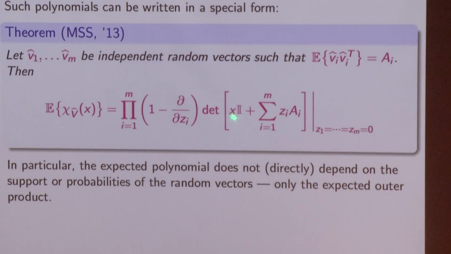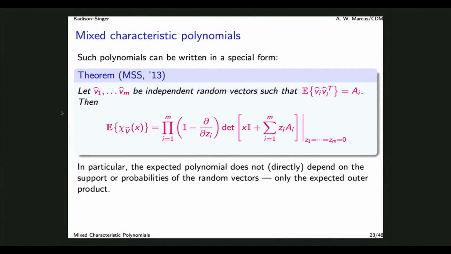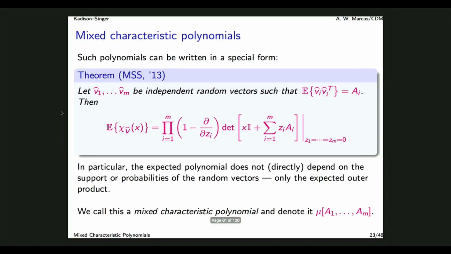What you'll get left is something that only depends on x, and this will be the expected characteristic polynomial. But what's important is that the expected characteristic polynomial doesn't really depend on the vi themselves. It really only depends on the expected outer product. And that's a consequence of being independent. You can imagine multiplying this whole thing out, and then the expectation just keeps going on into the inside. We call this a mixed characteristic polynomial, and we denote it mu of a1 through am.